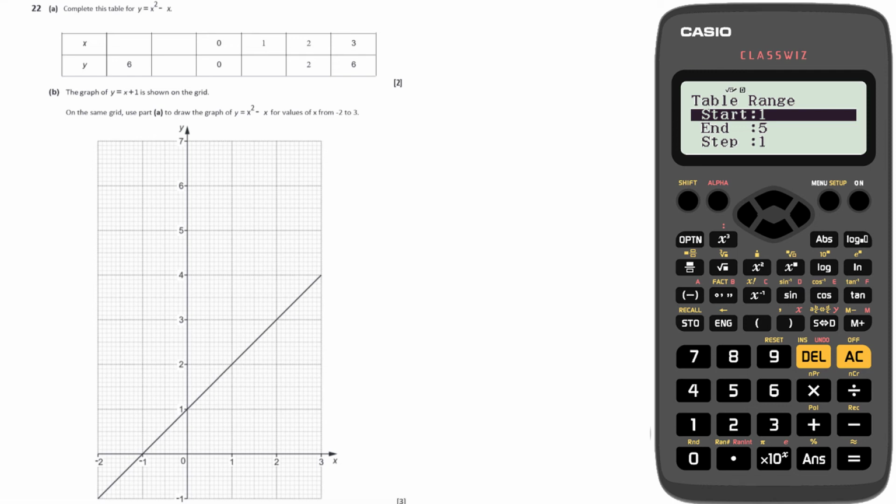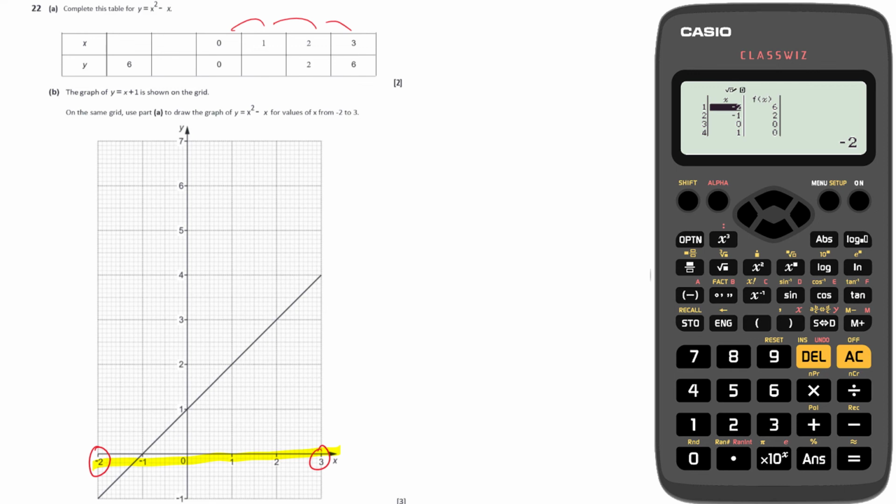If it doesn't, then what you can do is just look at the x-axis on your diagram and pick out the number on the far left and the far right as your start and end values. So I'm going to be starting at -2, I'm going to be ending at 3. Now the step is what we're going up in this case. You can see here we're going up in ones, so we're going to go up in ones. And then press enter, you can see I'm going to get a nice table displayed with all the values in that I need.